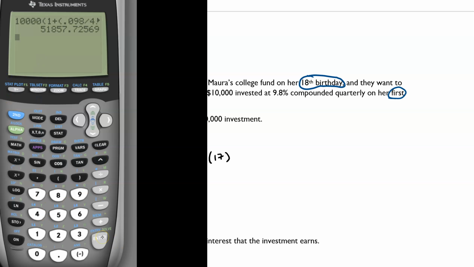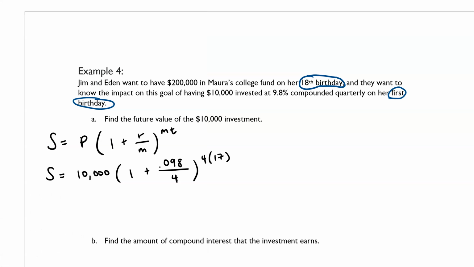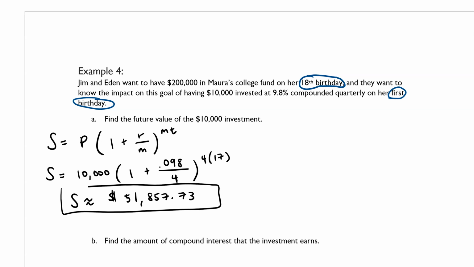And then if I press enter, we get $51,857.73. So if their initial investment is $10,000 under those conditions, after 17 years on her 18th birthday, that's how much they will have saved for, I'm guessing Maura is their daughter. I don't know. I don't know these people.